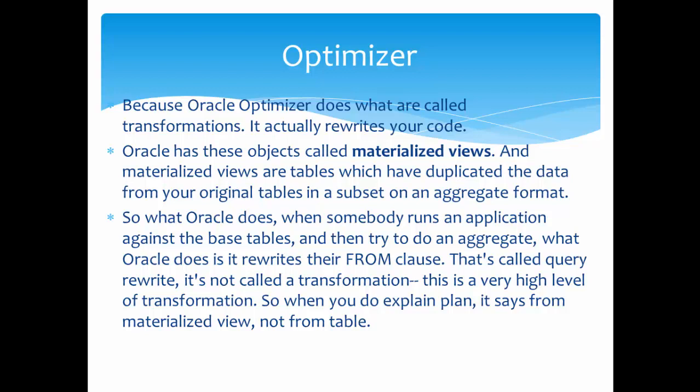So when somebody runs an application against the base tables and tries to do an aggregate, Oracle rewrites the from clause. That's called query rewrite. It's not called a transformation. This is a very high level of transformation. So when you do an explain plan, it says from materialized view, not from table.